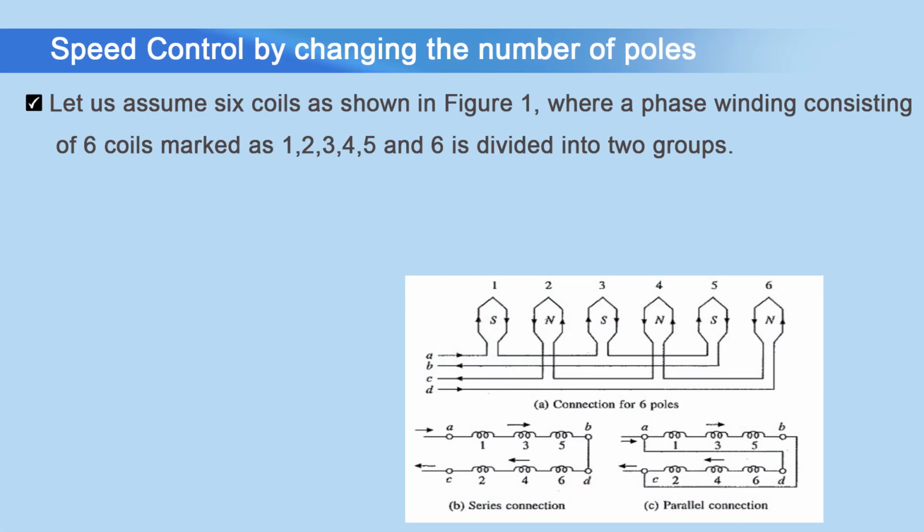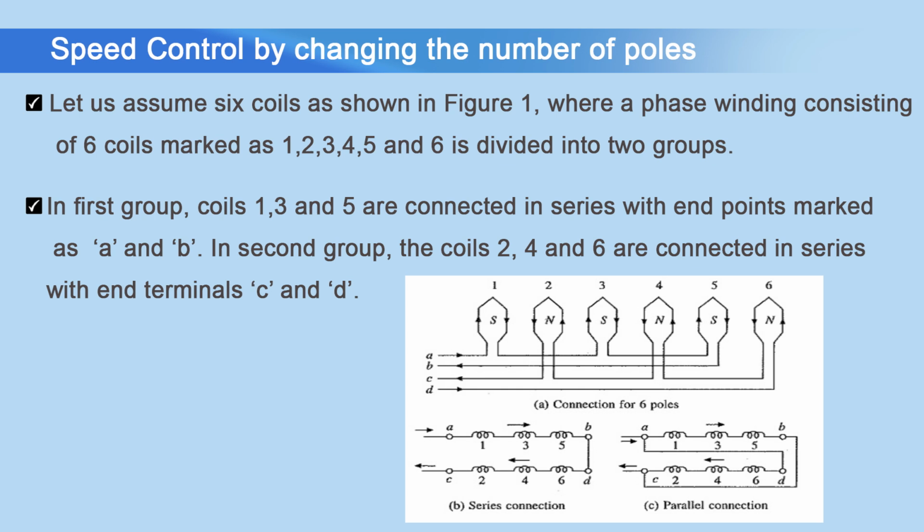Let us assume 6 coils as shown in figure, where a phase winding consisting of 6 coils, they are clearly visible on the figure. Coil number 1, 2, 3, 4, 5 and 6, and they are divided into 2 groups.